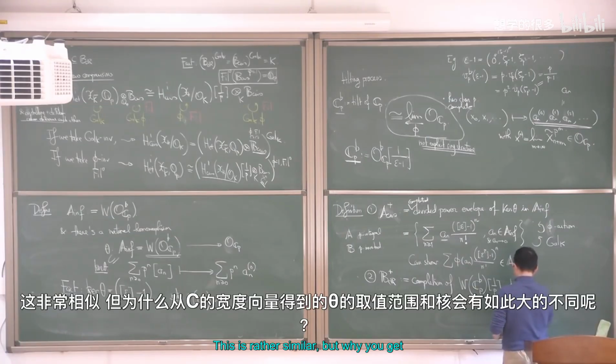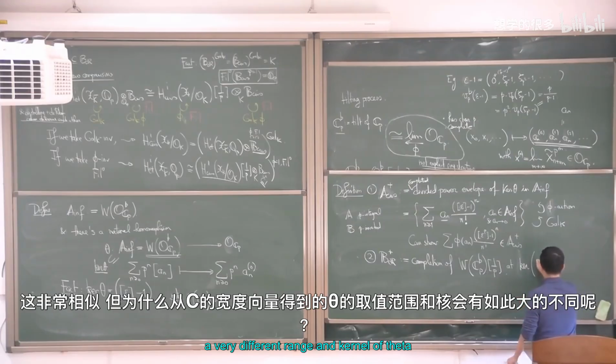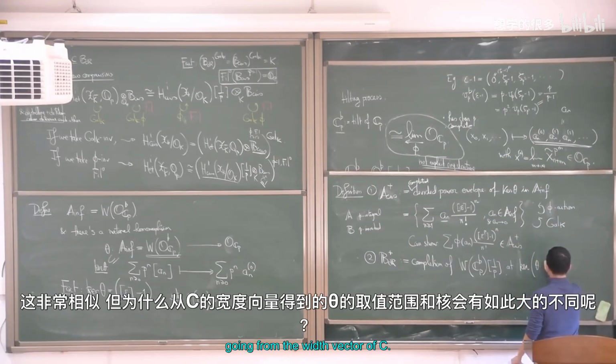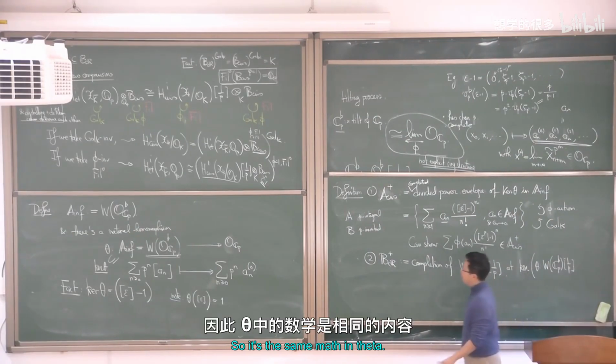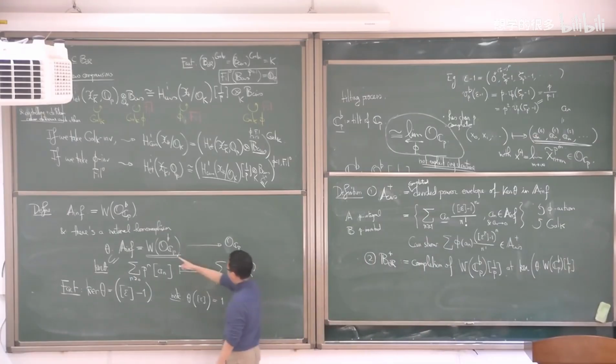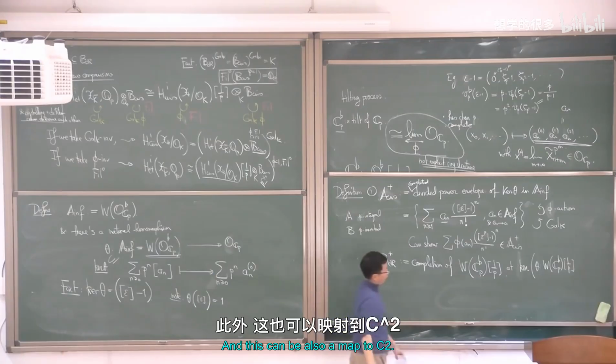This is rather similar, that's why you get very different rings. And the kernel of theta going from the Witt vector of C^flat. So it's the same map, theta, except over here I take C^flat, namely I have somehow negative valuations allowed in here. And this can also be mapped to C_p.